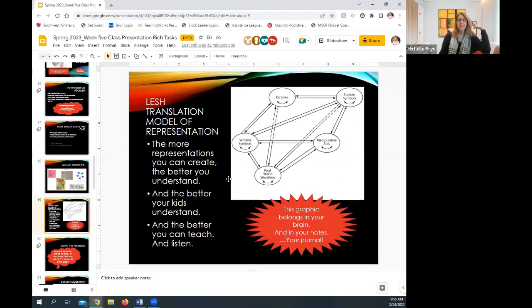And this actually goes to Lesh's translation model of representation. So the more representations you can create, the better you understand, and the better your kids understand, and the better you can teach and listen. So we want to use pictures. We want to use spoken symbols, manipulative aids, real world situations, and written symbols.